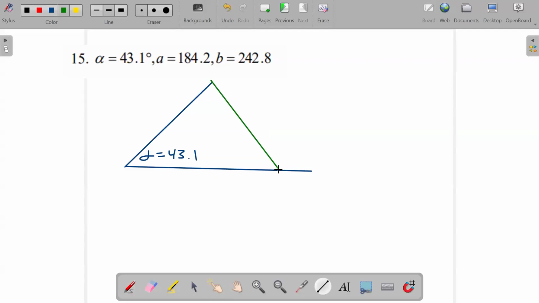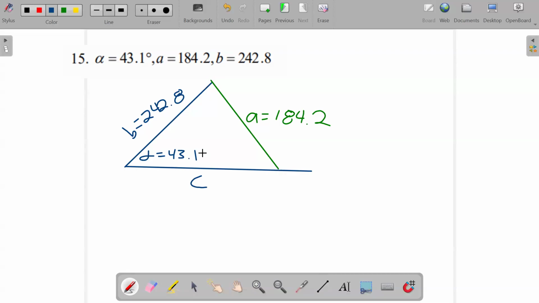Okay, so then I think that would be my side A equals 184.2. And then this would be my B, which equals 242.8. So if I were going to use law of cosines, then this would be side C here, right?